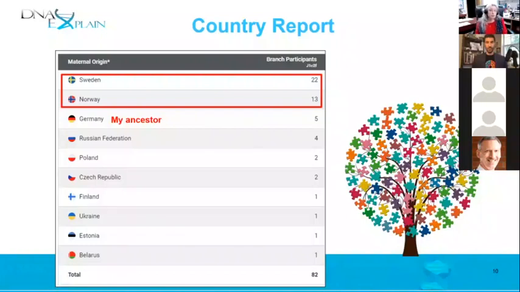Now remember, this isn't just my matches, this is anybody in J1C2F where that haplogroup is found. So it's found primarily in Sweden and Norway. You can see that here. My ancestor was found in Germany. There's 5 people. And then there's a scattering of other locations that you can see.